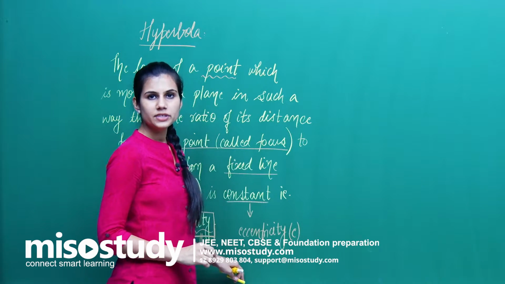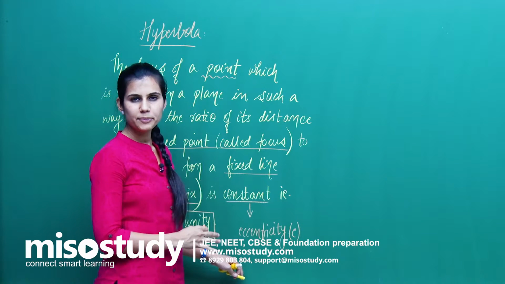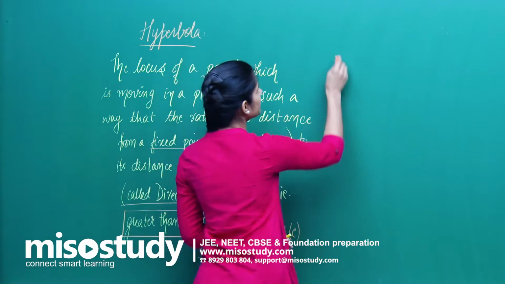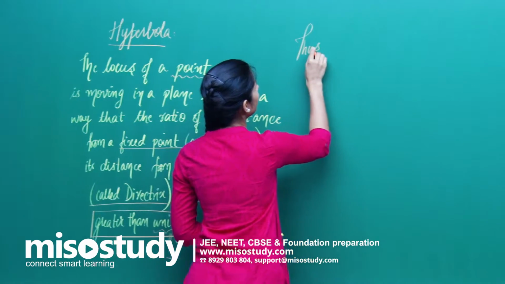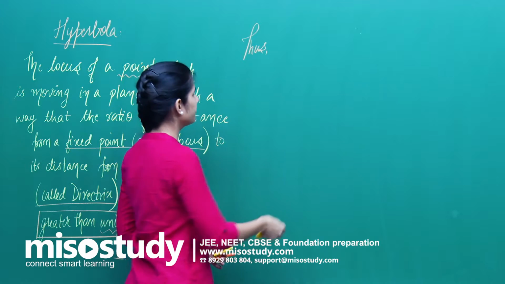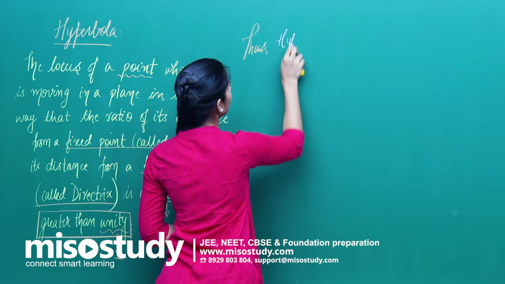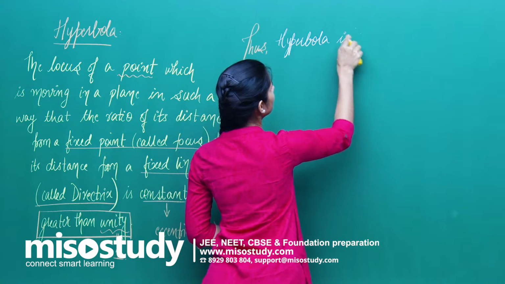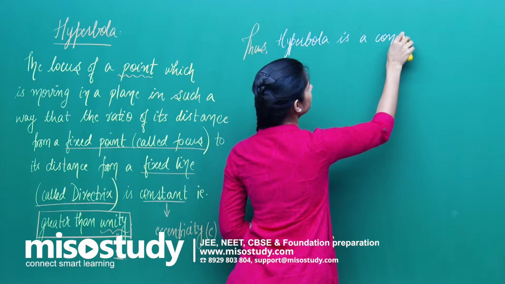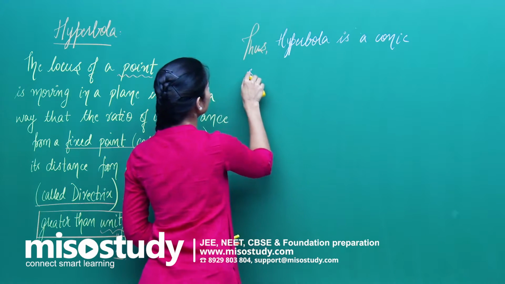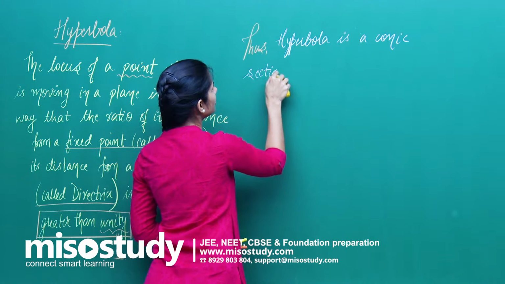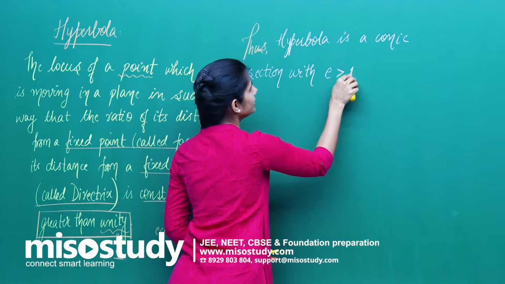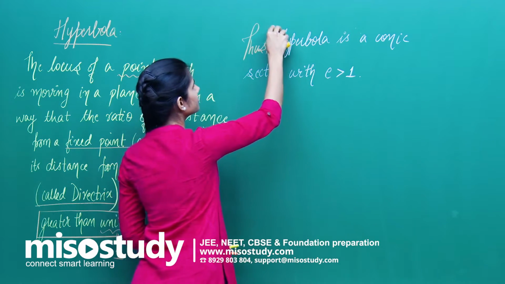And therefore in terms of eccentricity, if I associate hyperbola's definition with the definition of conic section, what am I going to say? That thus hyperbola is a conic section with eccentricity greater than 1.